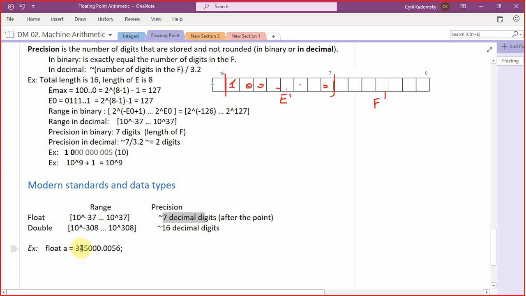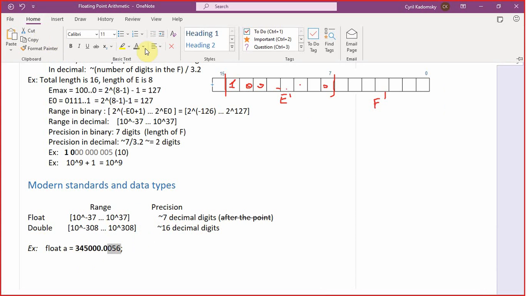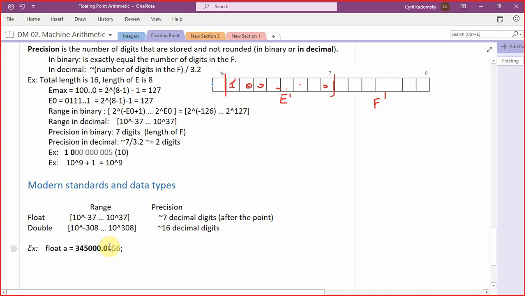So only the 7, 1, 2, 3, 4, 5, 6, 7, up to here are going to be stored. All the rest will be lost. So our efforts in calculating those digits were fruitless. Okay. What about double? In double, this number will be stored whole. All digits will be stored exactly because we have far more space available.